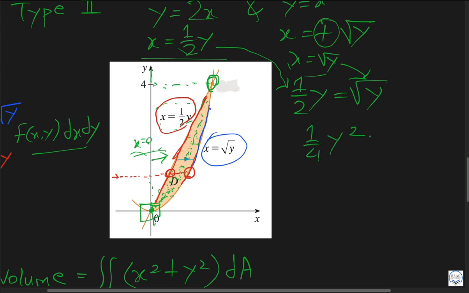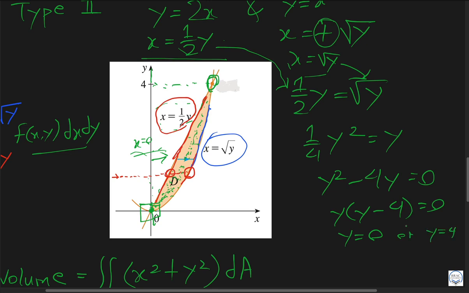Take squares on both sides, so we get 1/4 y squared equals y. Now we'll do some simple multiplication, so we get y squared minus 4y equals 0, and then y times y minus 4 is equal to 0, which means that y equals 0 or y equals 4.